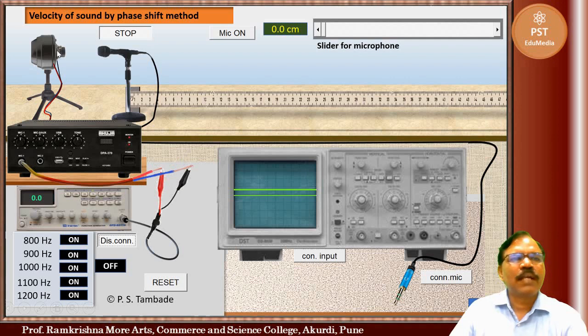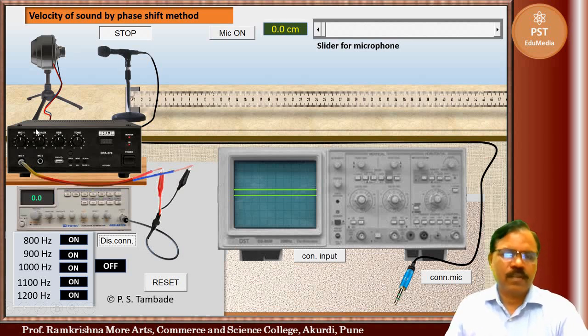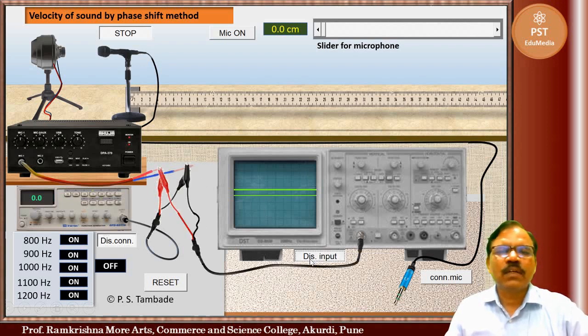Now the microphone is already connected to the horn unit, or the speaker is already connected to the amplifier. Now to see the waveform of the input signal, we have to connect the X channel of the CRO to this signal generator. So here we will take this.